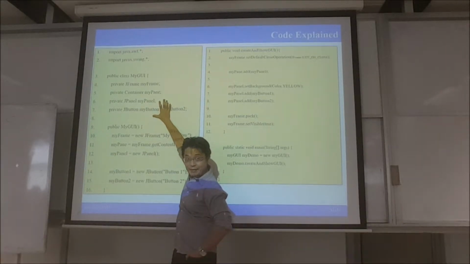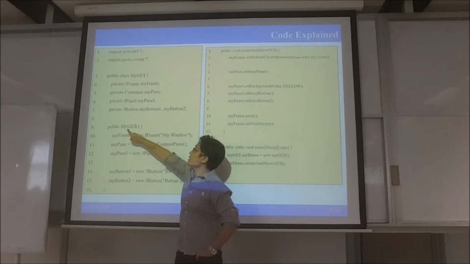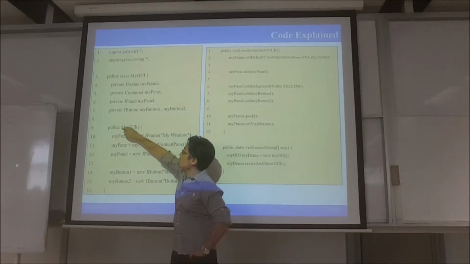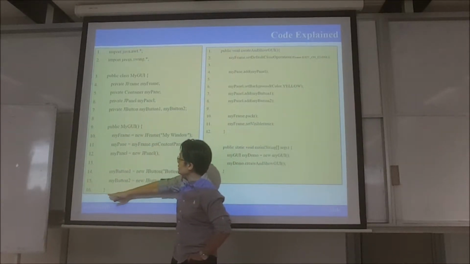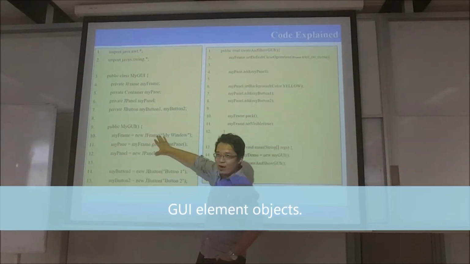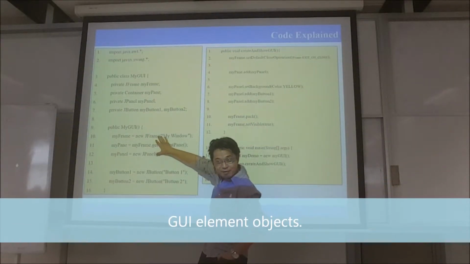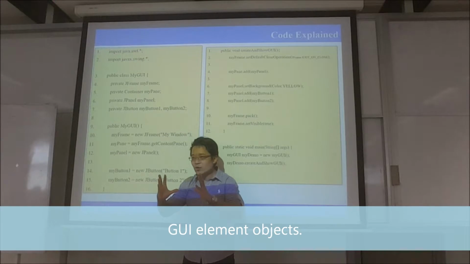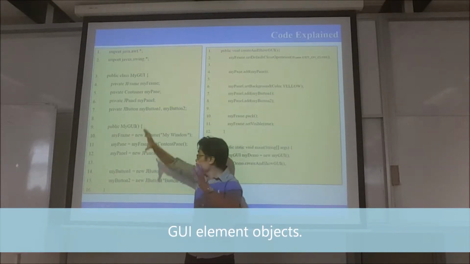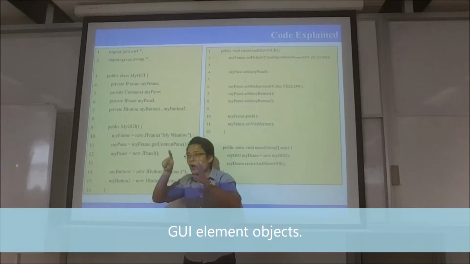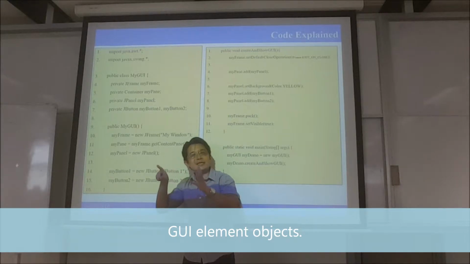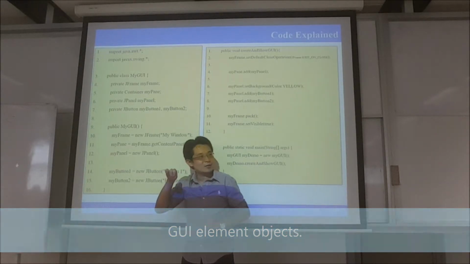I just declare I need them. Inside the constructor, from line 9 to line 16, I create objects for them. So one window, we have all the objects instantiated once because I put them inside the constructor.